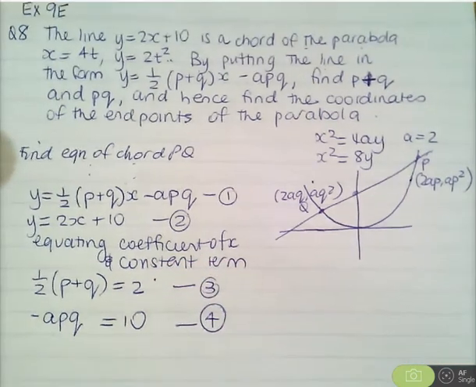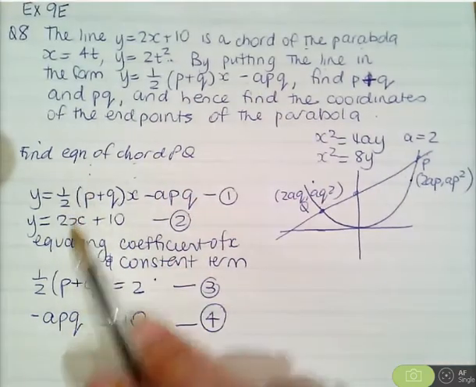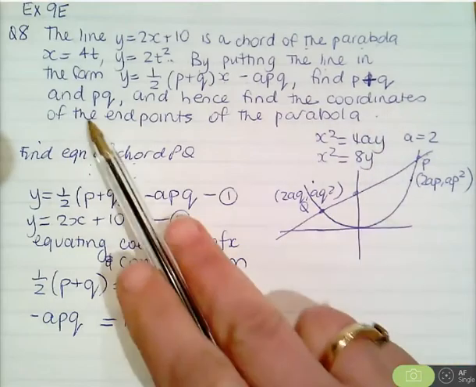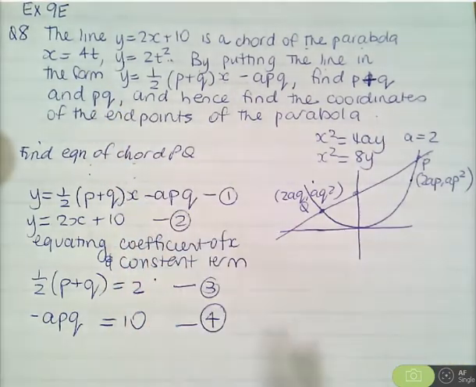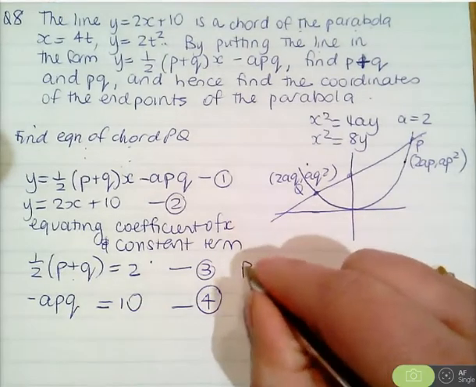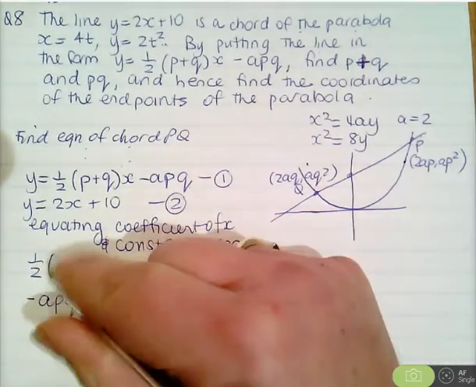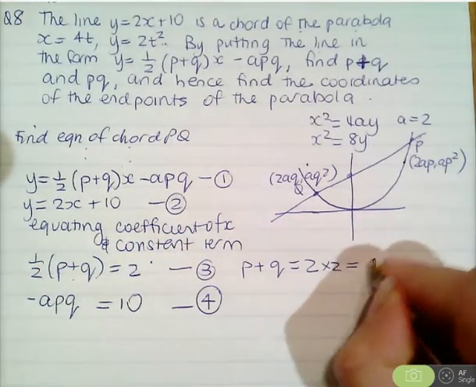Okay? So it says by putting the line in this form, which we've done, and this is that same line, find p plus q and p times q. So looking at this, what would p plus q be? P plus q would just be 2 divided by a half, or 2 times 2, which is 4.